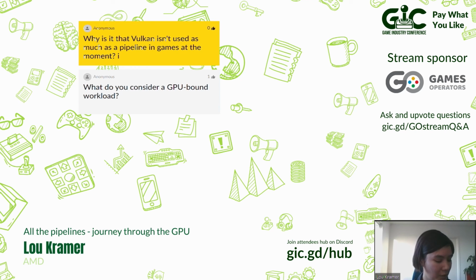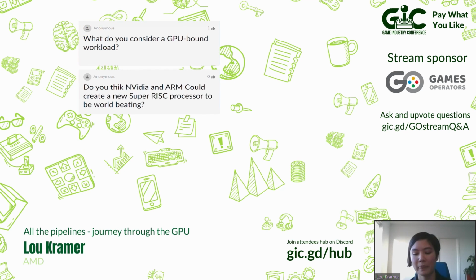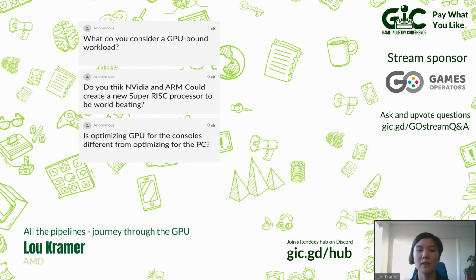What do you consider a GPU-bound workload? The final frame time is determined by either the GPU or the CPU. So if it's GPU-bound, then basically your GPU is all the time busy. So if you have a frame that takes, for example, 50 milliseconds, and during these 50 milliseconds, the GPU is always doing work. And then as soon as the frame is finished, it just restarts doing work.